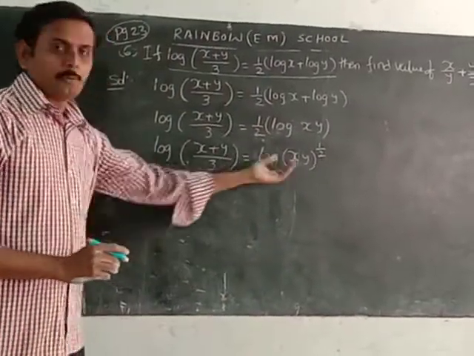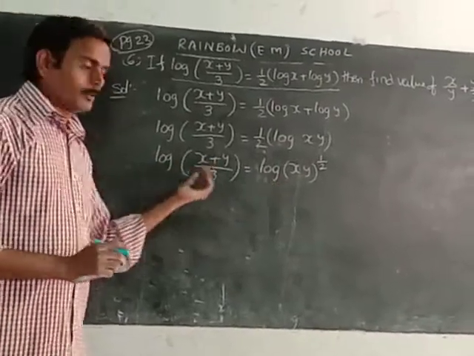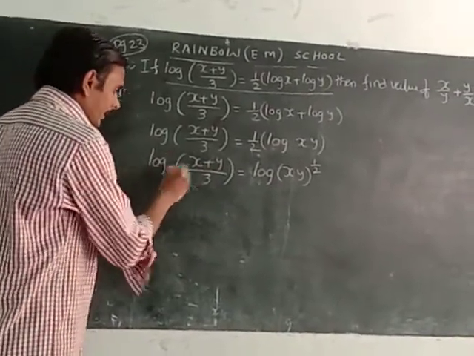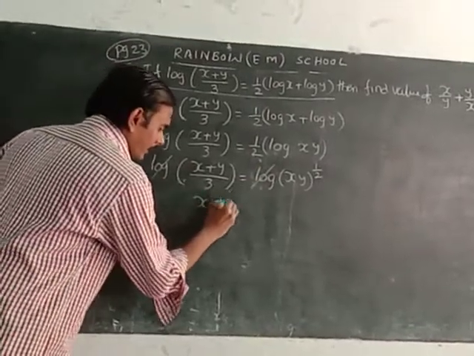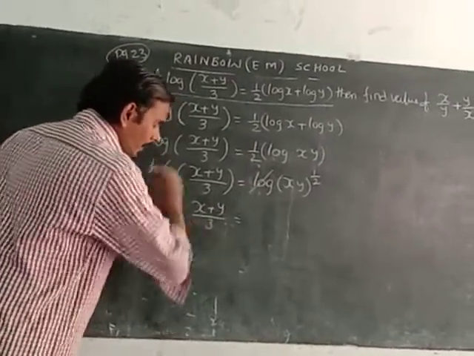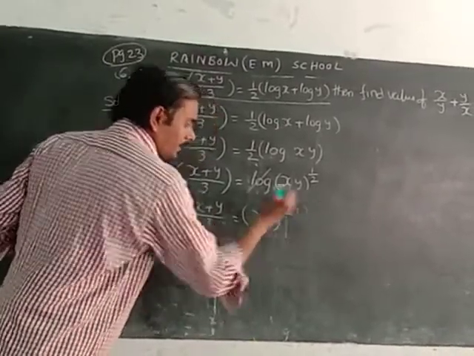Now both sides remove logarithm. Here log is there, here log is there. That means (x plus y) by 3 equals (xy) whole power 1 by 2.